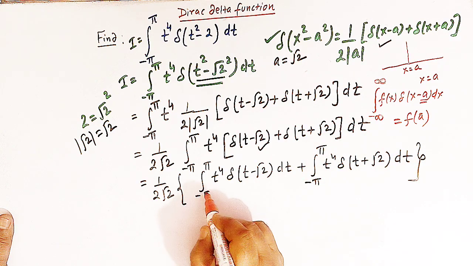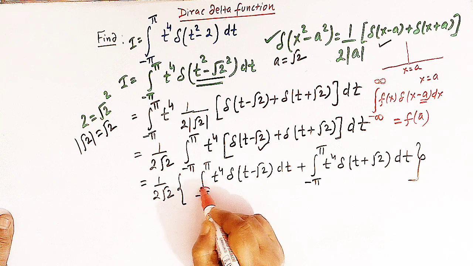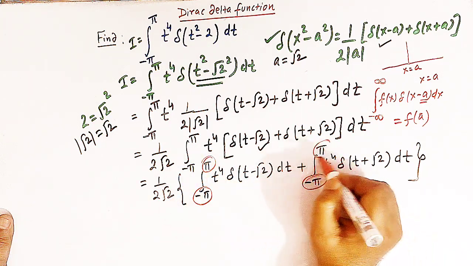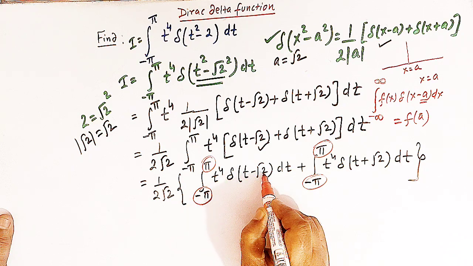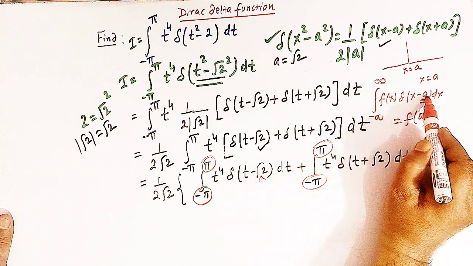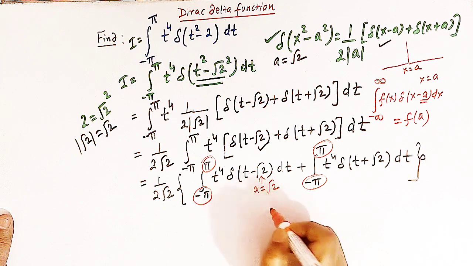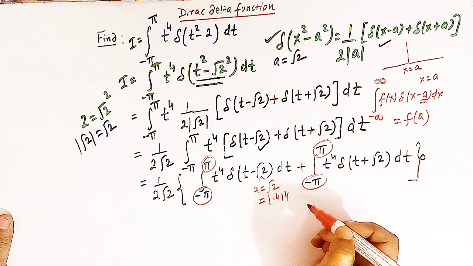Now here the limits of integration or the bounds are given by minus pi and pi. Here also we have minus pi and pi, right? And here we have t minus square root of 2. So here the value of this a is square root of 2, that is approximately 1.414, right?